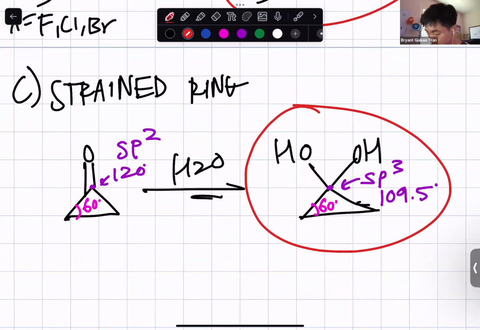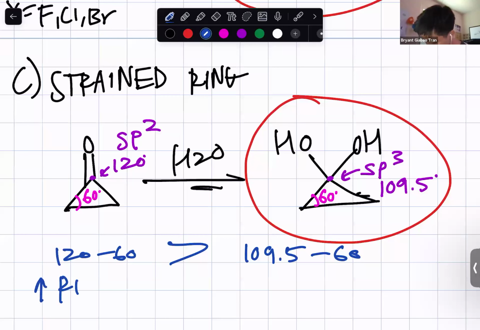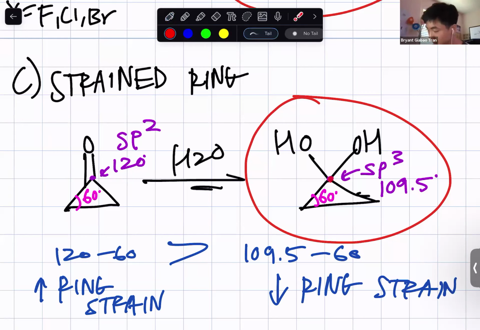The difference between 120 and 60 is greater than the difference between 109.5 and 60. So there's more ring strain in the carbonyl form and less ring strain in the geminal diol form. We want to relieve the ring strain by getting into this sp3 carbon, which is why the geminal diol is favored over the carbonyl.